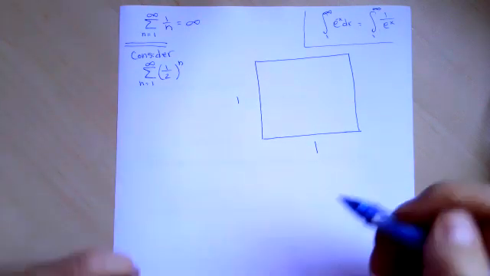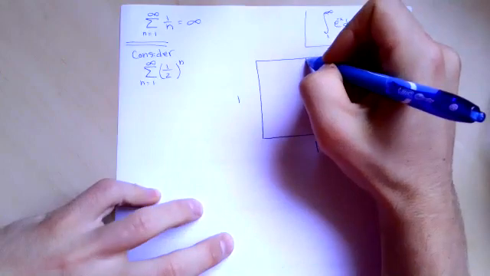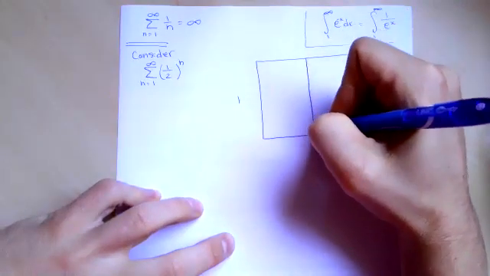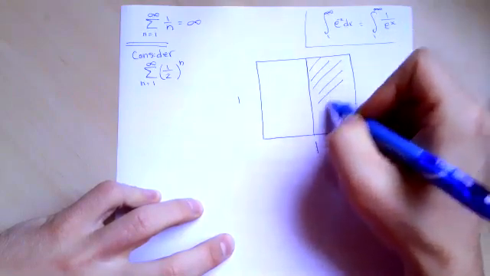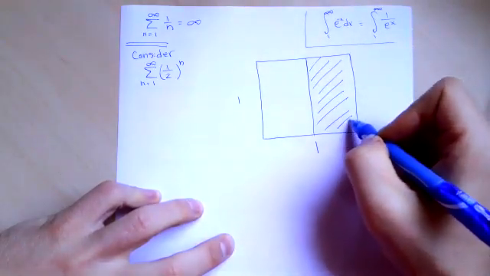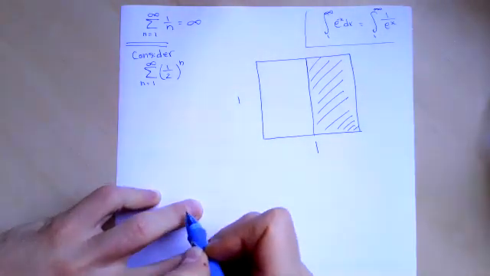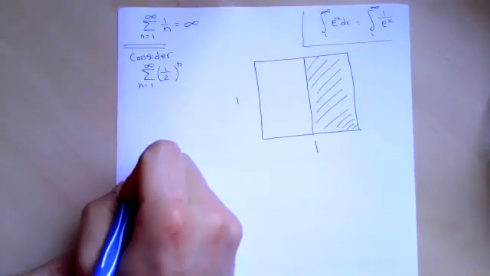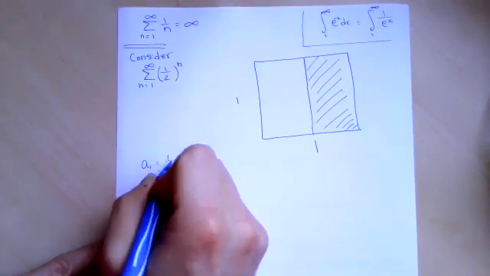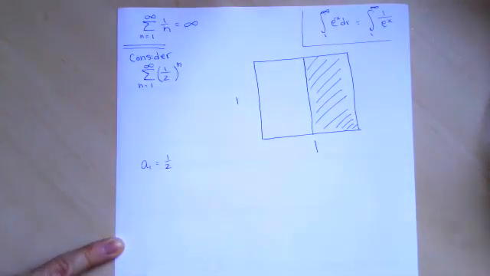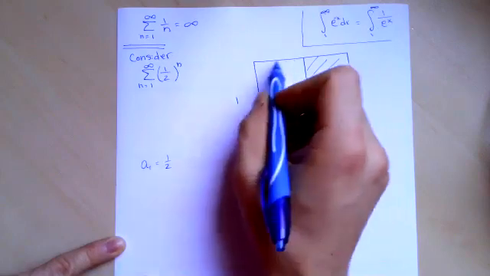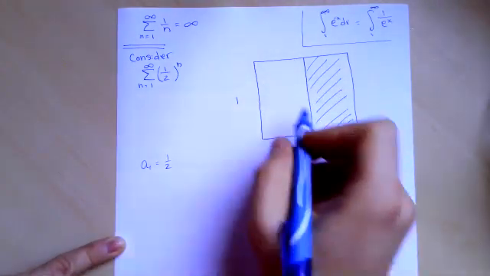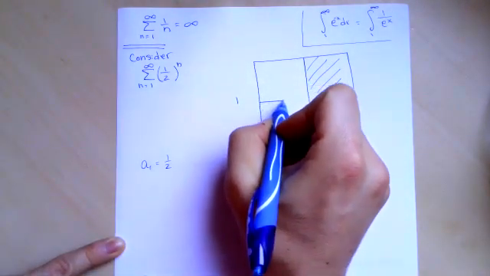Okay, well, let's say I cut the box in half and now only want to consider the area of half the box. We'll call that A1. And then I only have another half remaining, and let's suppose I cut that box in half.